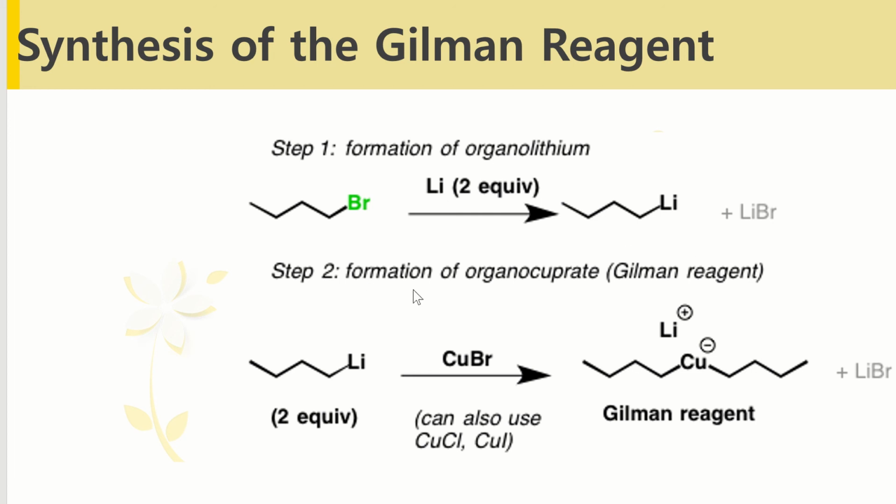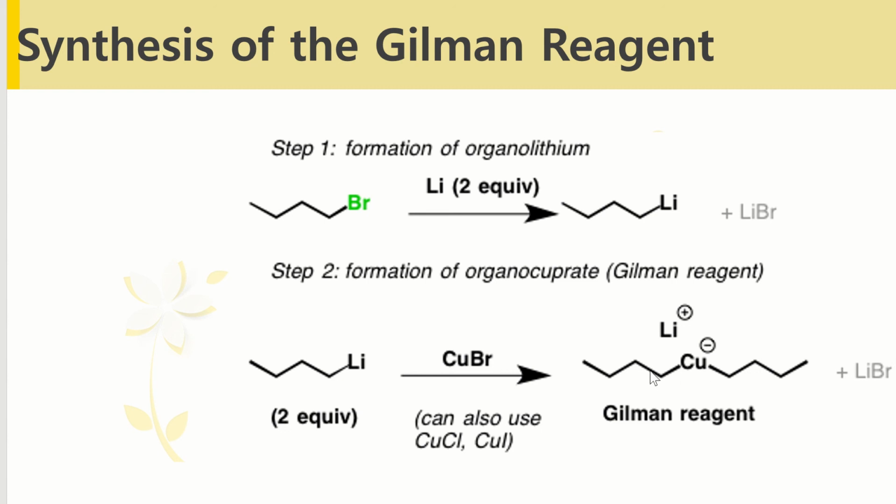Step 2 is the formation of our organocuprate or Gilman reagent. So in the presence of copper bromide, and we can also use copper chloride or iodide, and the organolithium that was created in step 1, you form our lithium dialkyl cuprate.